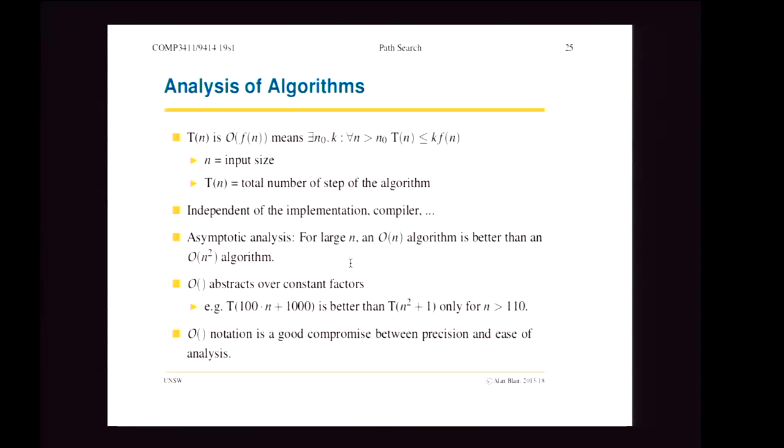Technically, we say that T(n) is order of some function f of n if there's some number n0 such that for n larger than n0, T(n) is less than or equal to some constant times f of n. For our purposes, most of the algorithms we're looking at will be exponential or quadratic or perhaps log linear. I think this will become more apparent as we go along.